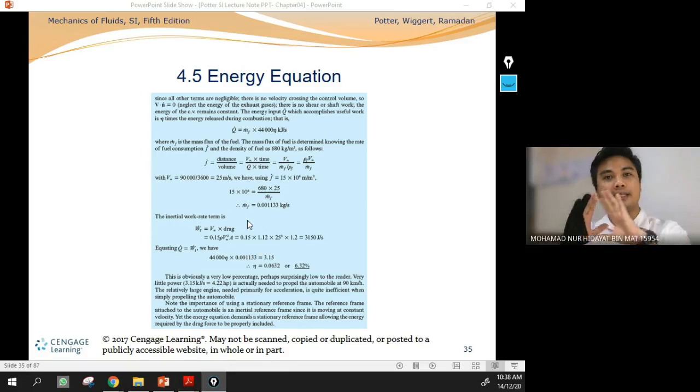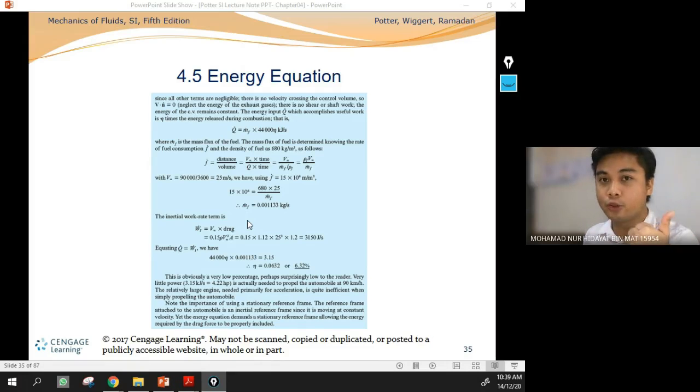After you understand the conservation of mass, we go to the next extensive property, which is energy. The energy comes from three terms: kinetic energy, potential energy, and internal energy. From those energies, there is the work.